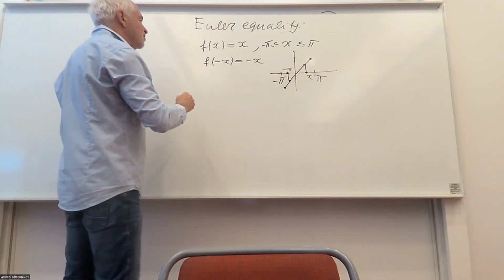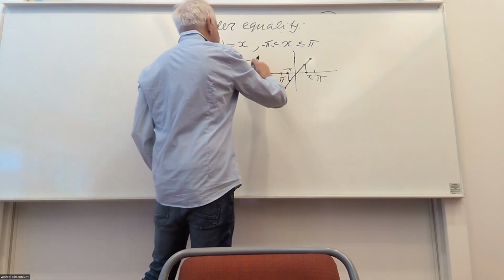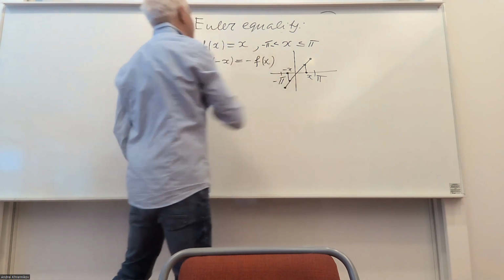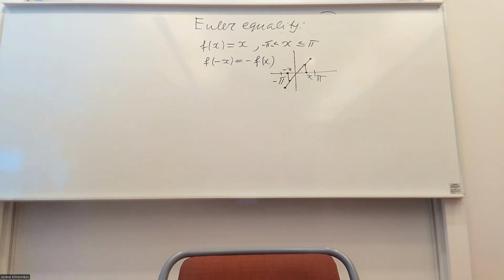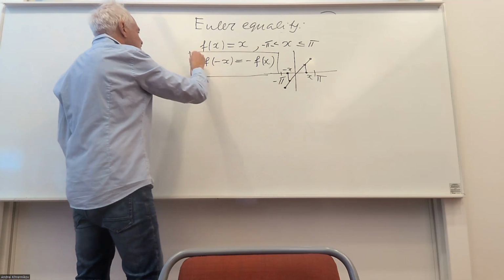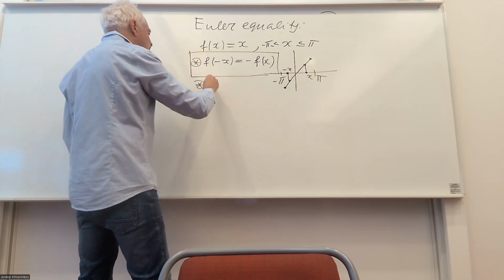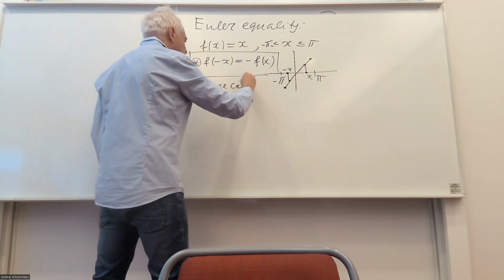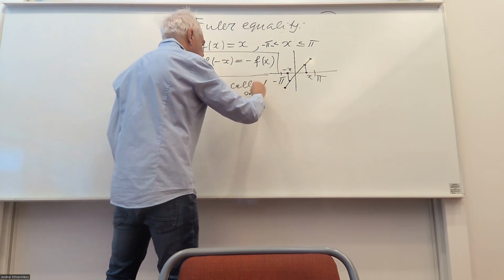So this function has this property: if we change the sign of the argument, the sign of the function is changed. Functions which satisfy this equality are called odd functions.